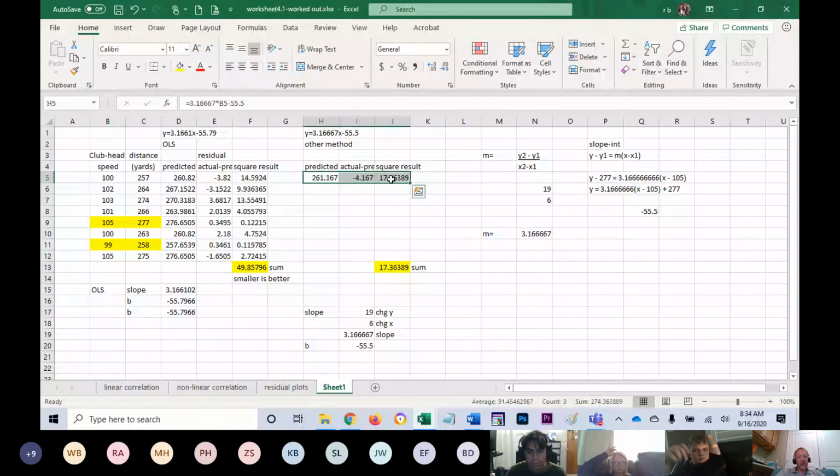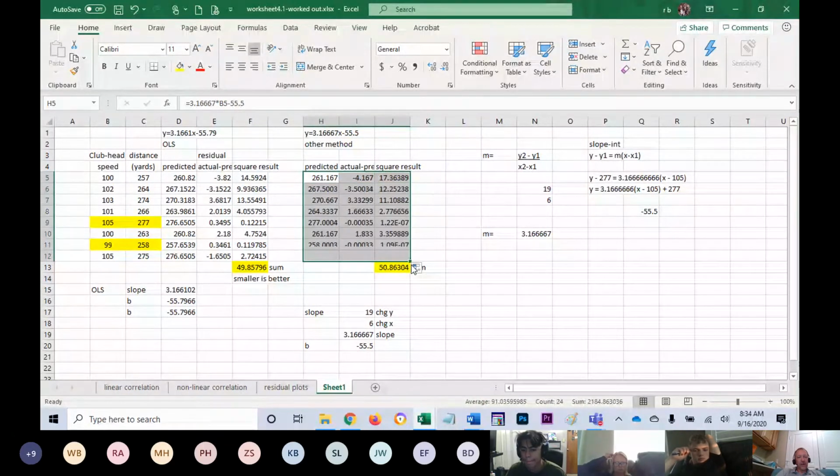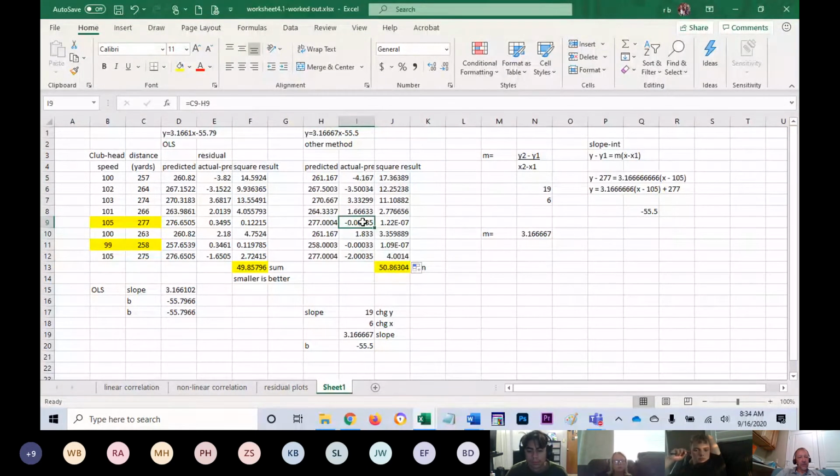Now I'm going to repeat this for all of these. You'll notice here that in some cases, like this case here, this was a better prediction. This one was off only 1.6 yards, where it was off 2 yards here. So sometimes this is better, sometimes it's worse, okay?